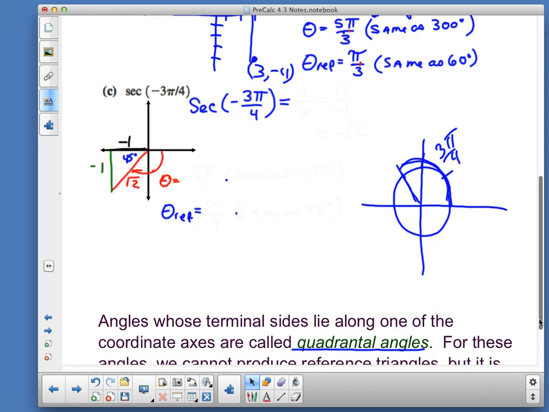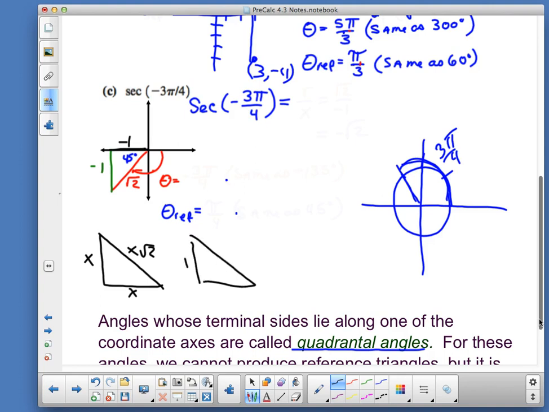I changed the type of triangle I'm using because I'm using a 45-45-90 triangle. And remember, in a 45-45, we learned in geometry that I had x, x, x square root of 2. Well, this ratio, the x's drop, and it is 1, 1, square root of 2, and that's what I'm using.